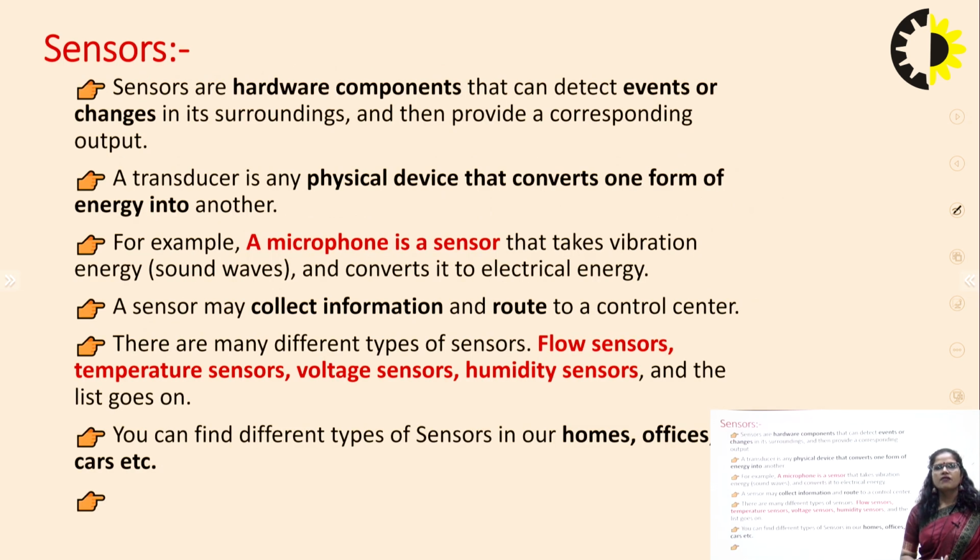Firstly, a sensor is hardware. Sensors are hardware components that can detect events and changes in their surroundings. IoT is nothing without sensors, because the core functionality and core steps are carried out with the help of sensors.